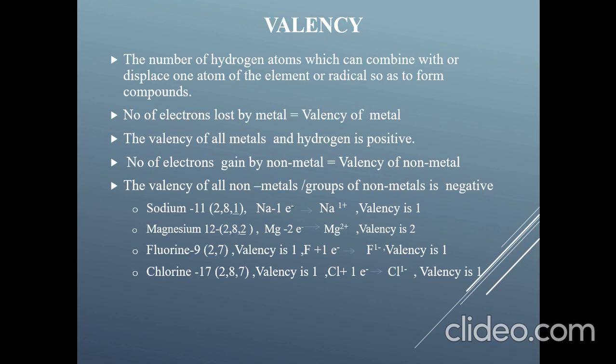But if it is 1, 2 or 3, it remains the same. So fluorine's valency is 1. Chlorine, atomic number 17, 2, 8, 7. Chlorine gains 1 electron and so the valency of chlorine is 1.